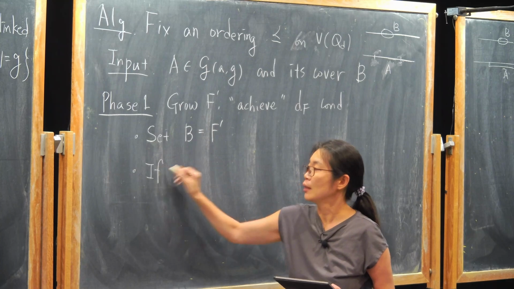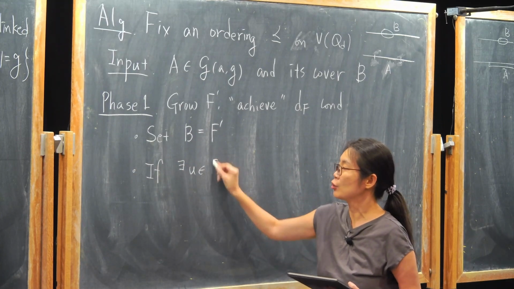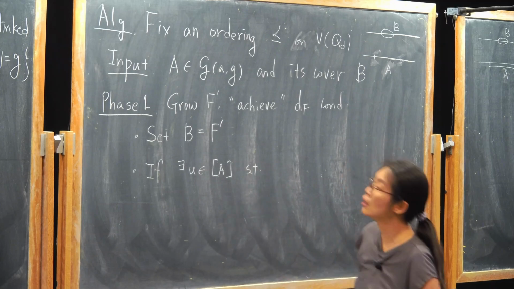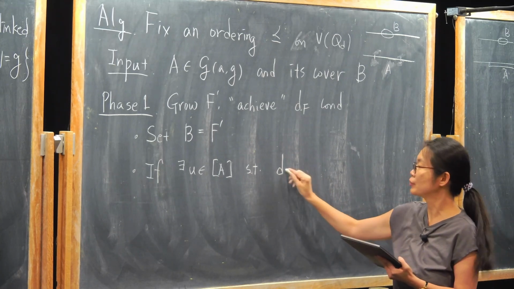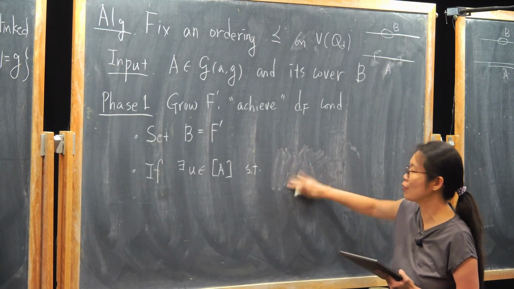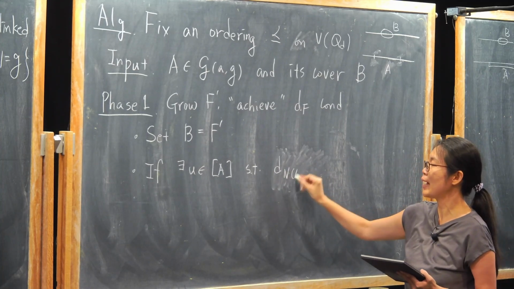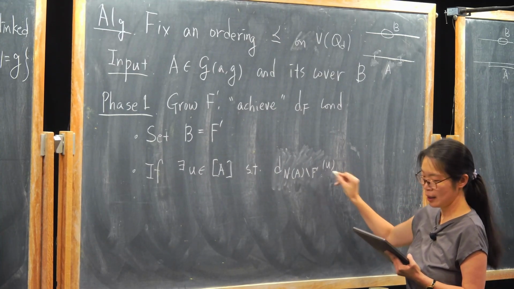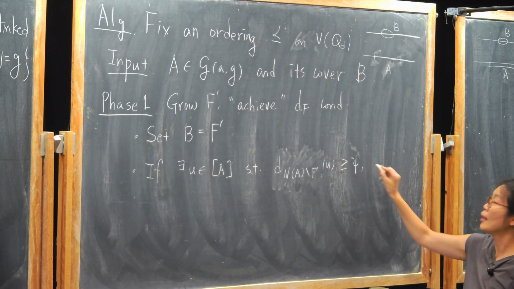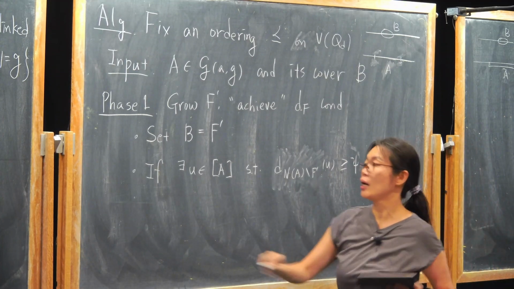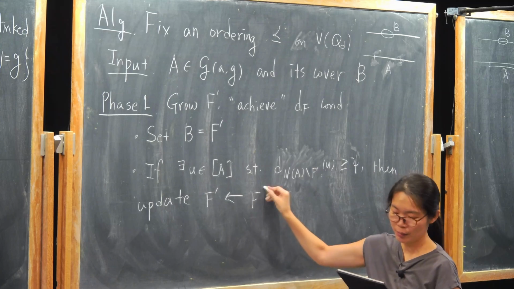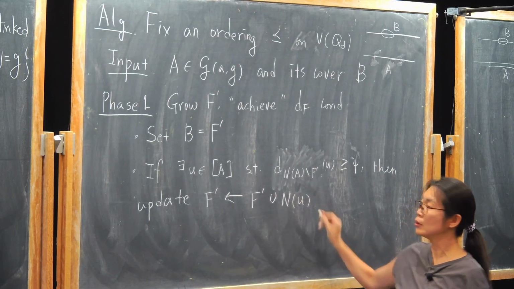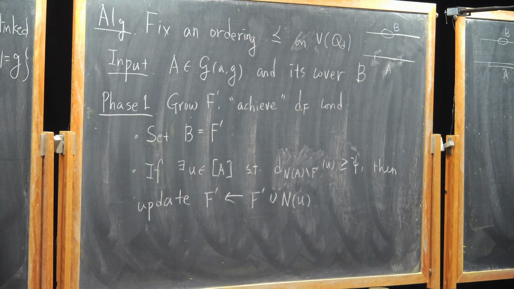If there exists U in the closure of A that violates the dF condition, which means the neighborhood of U minus F prime, the size of it, is bigger than psi, then just update F prime by F prime union the neighborhood of U. Of course, there can be multiple U that do this.